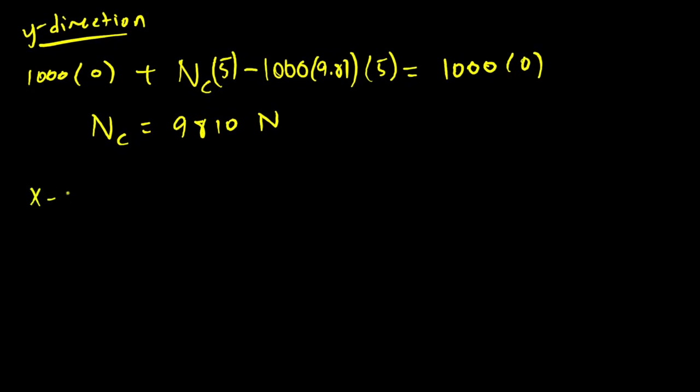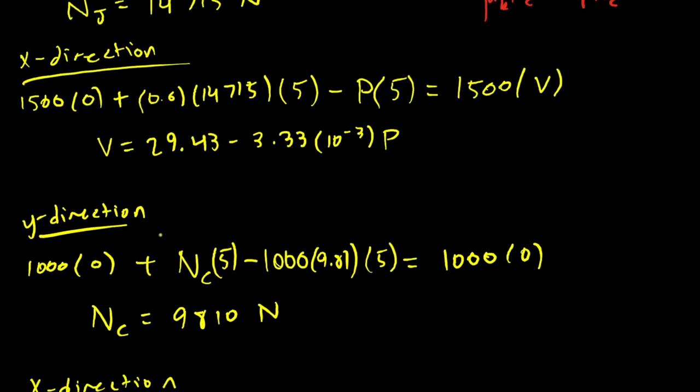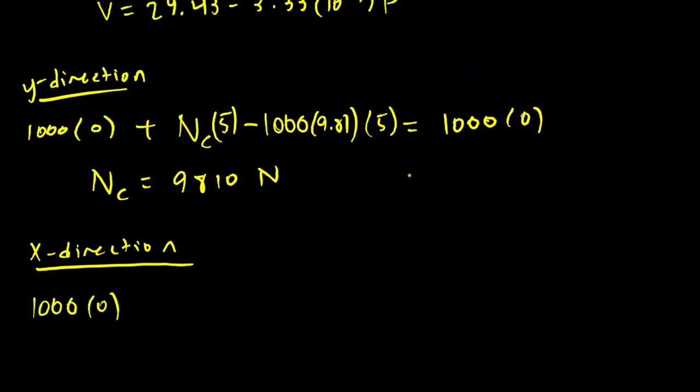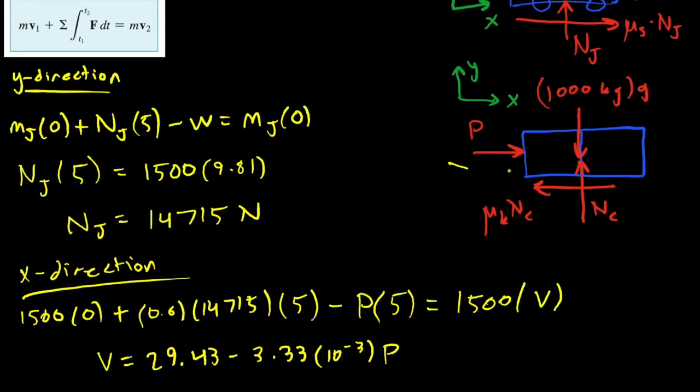The x direction is going to be the same equation applied, but this time in the x direction. We know we start from rest, so we have 1,000 times 0, and let's look at the forces involved. We have, as I previously mentioned, P and friction.